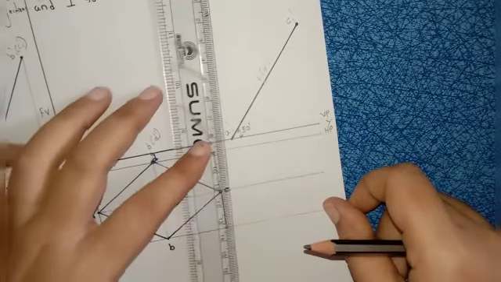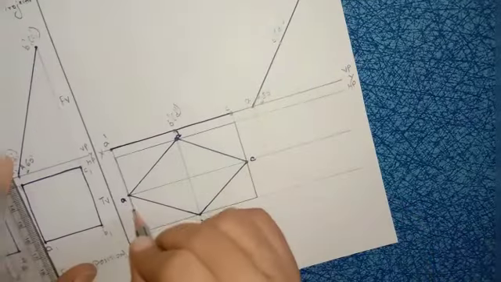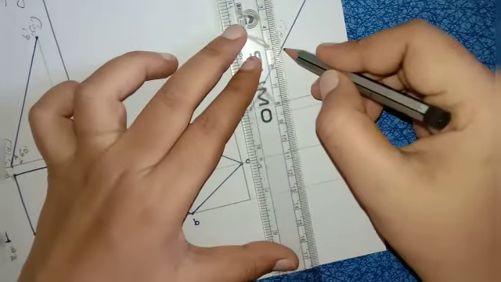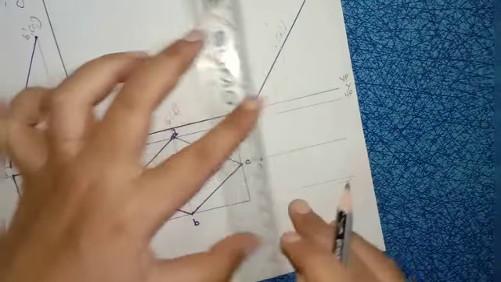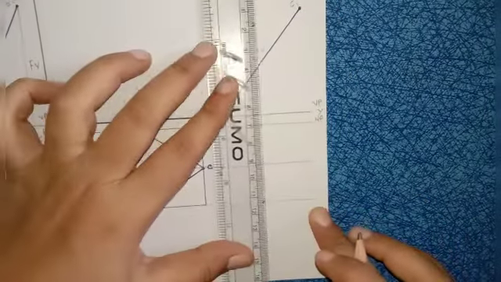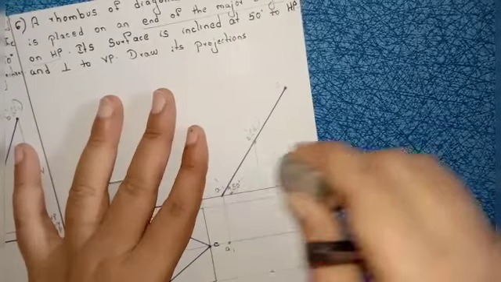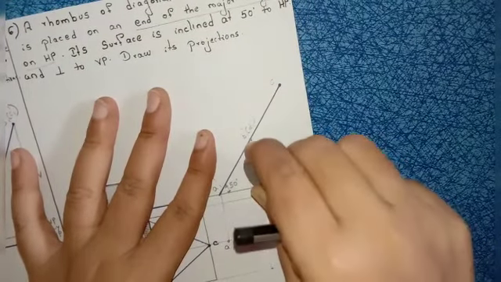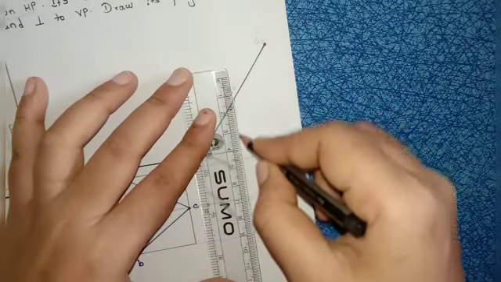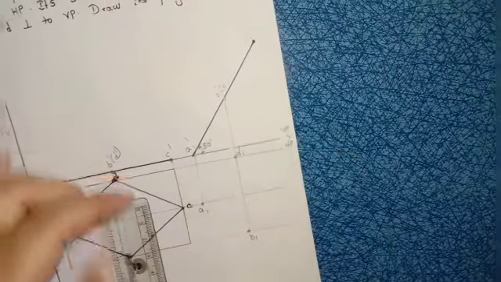Right, after constructing the horizontal lines, now from point A, draw a straight line, perpendicular lines. Name it as A1. Again from B and D, draw a straight line. Name this B1 and this point D1.